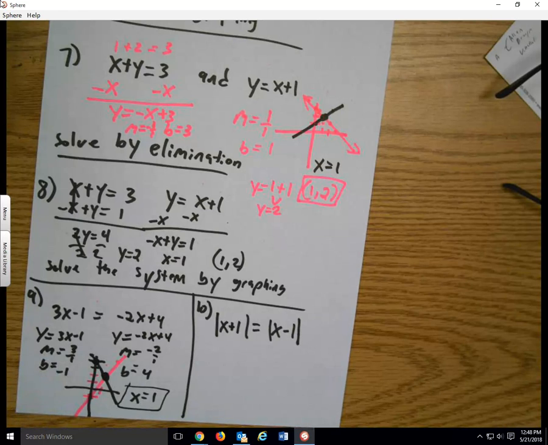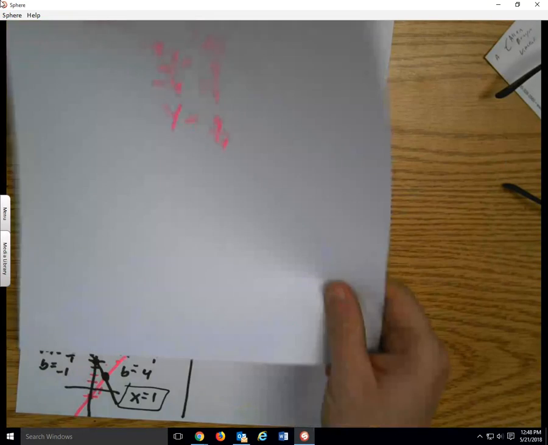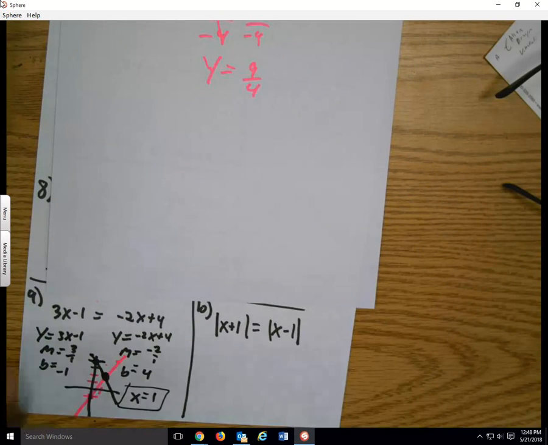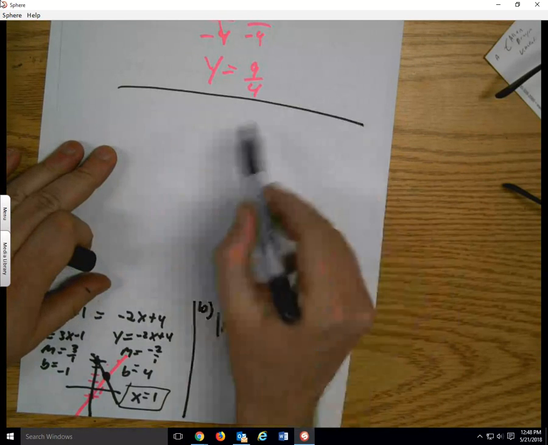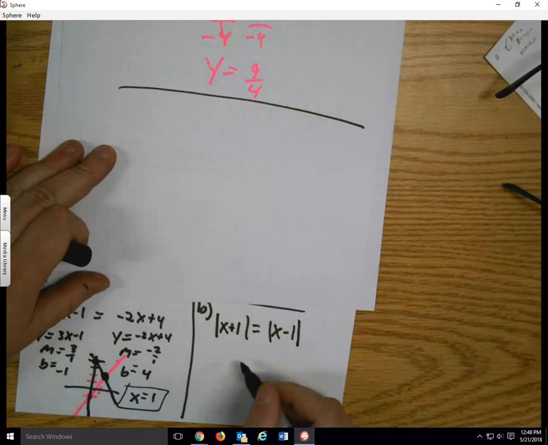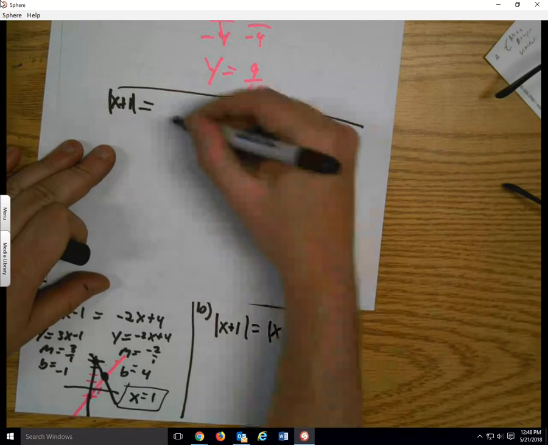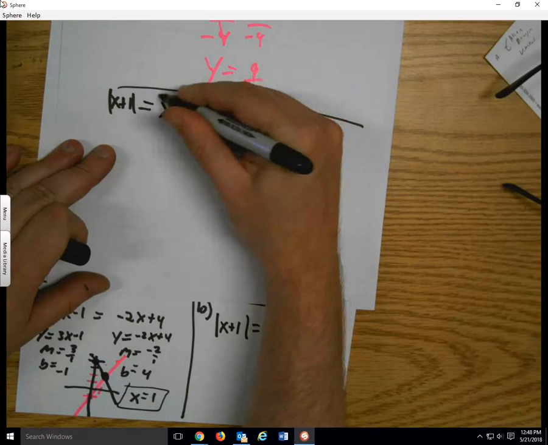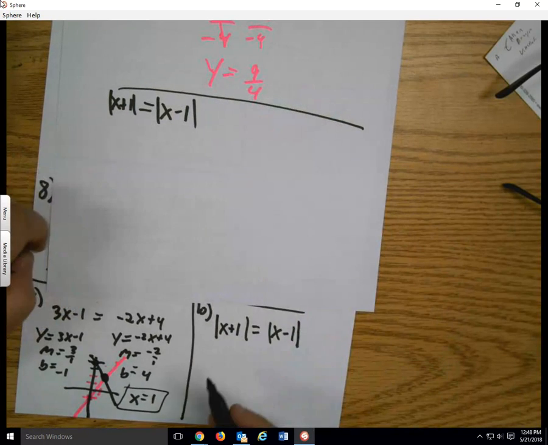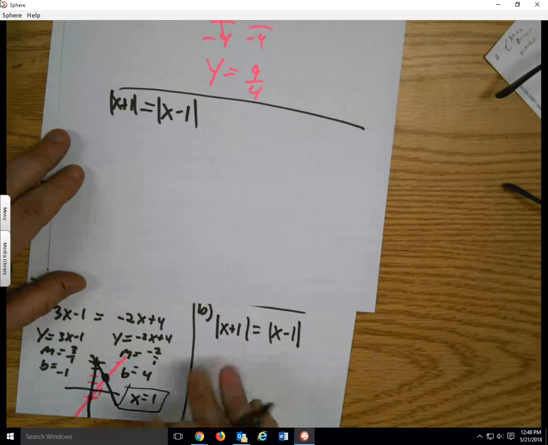Okay, last question. And this one might take some room, so let me use this paper to finish it. It's the absolute value of x plus 1 equals the absolute value of x minus 1. Okay, so you're going to write it 2 times because it's in absolute value bars.